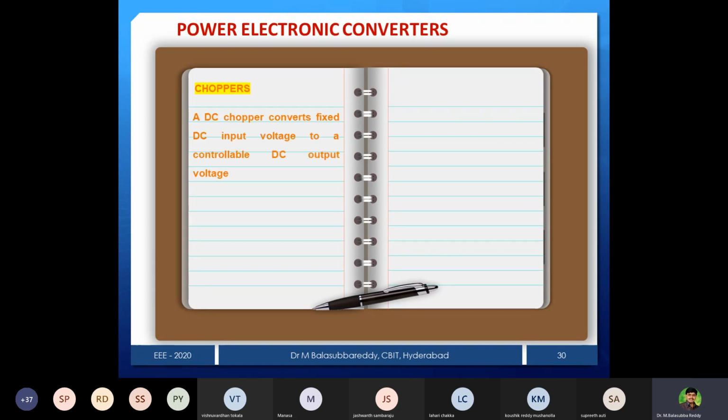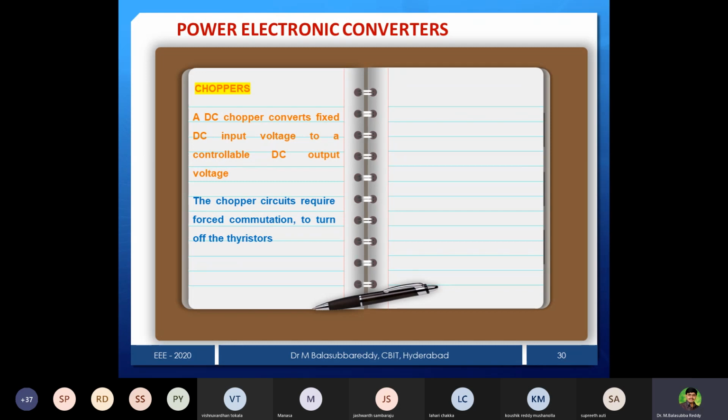That's what I wrote here. A DC chopper converts a fixed DC input voltage to a controllable or variable DC output voltage. This is the main function of a chopper. And this requires forced commutation to turn off the thyristor. Why is forced commutation required?